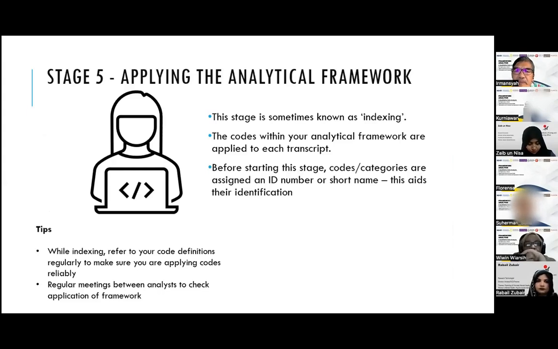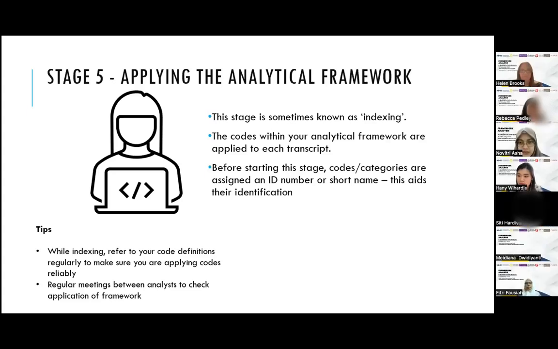Stage 5, this is now where you're starting to apply that framework that you've developed in the previous stage to your transcripts. So often what people do at this point is give each code and category a short ID number or a label. So maybe 1.1, 1.2, 1.3. That really helps make it quicker when you're applying the framework to your transcripts.